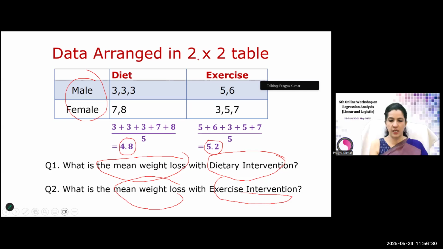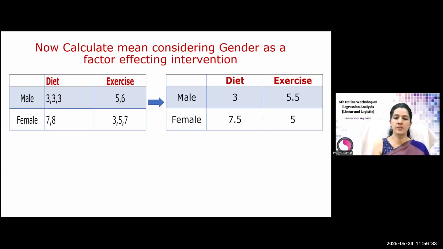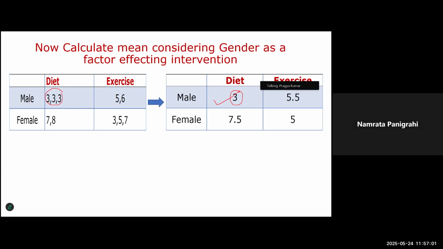Okay. Now, if the researcher wants to see the effect of gender, then how will that mean be calculated? In each cell, it will have a mean. In the first cell, the mean in the diet will be 3. Do you agree? Mean of 3, 3 will be 3. Yes or no? Yes, ma'am.